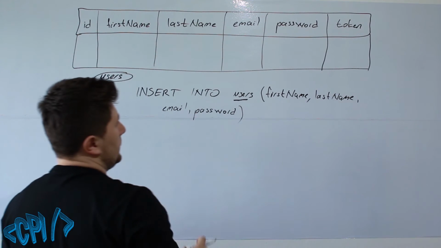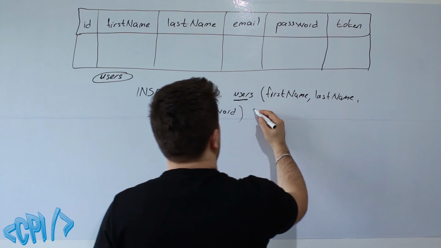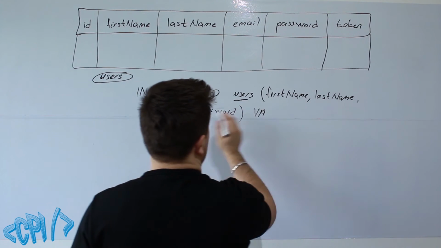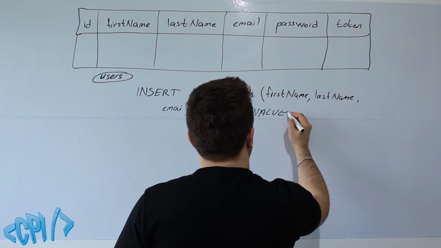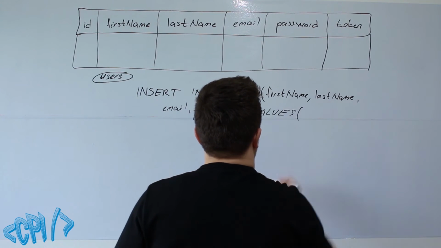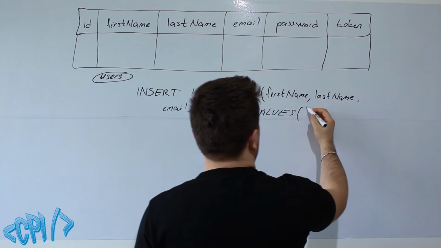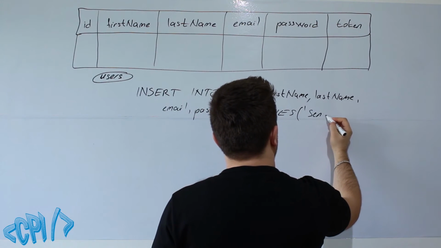Okay, and now we need to define what is the value of all those columns. Okay, so values, and for the first name we will put, let's say, Snade.